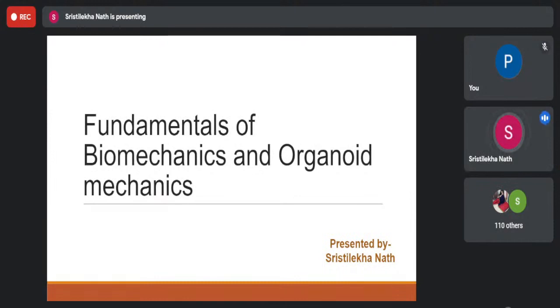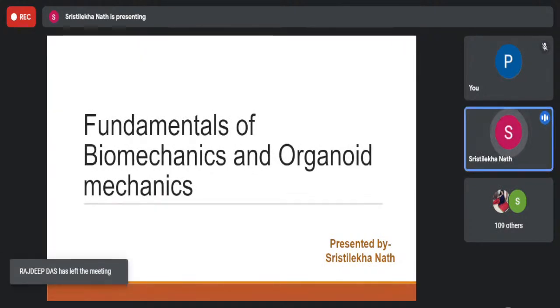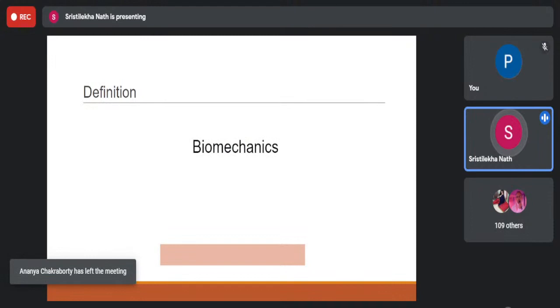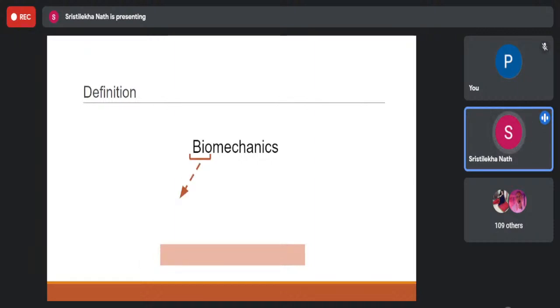Okay, thank you. So in this talk, we will be mainly focusing on the fundamentals, basics of biomechanics, and then I'll be heading into the organoid mechanics. Before coming into the details, let's have a look at the definition. The word itself consists of two parts, bio and mechanics.